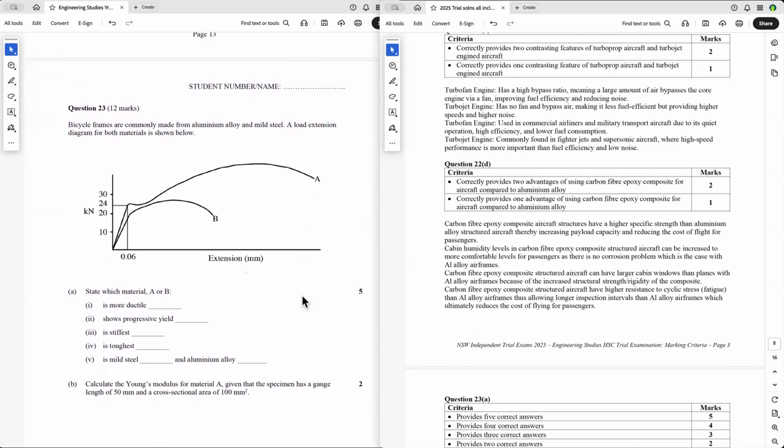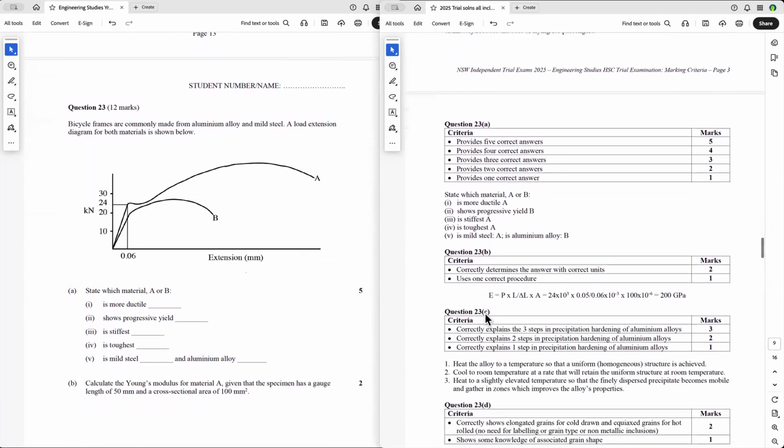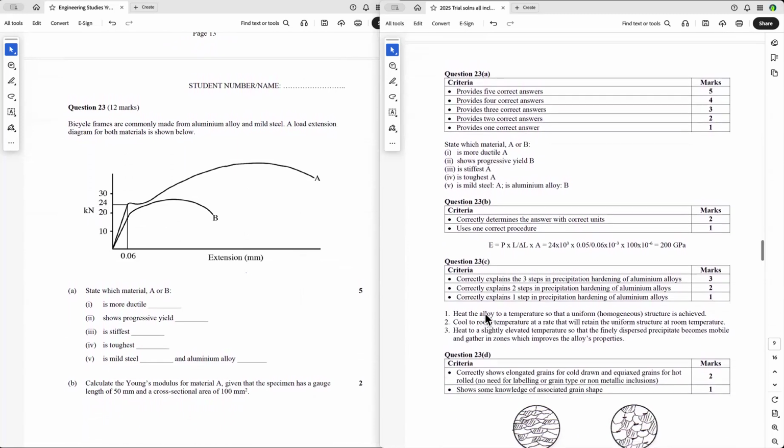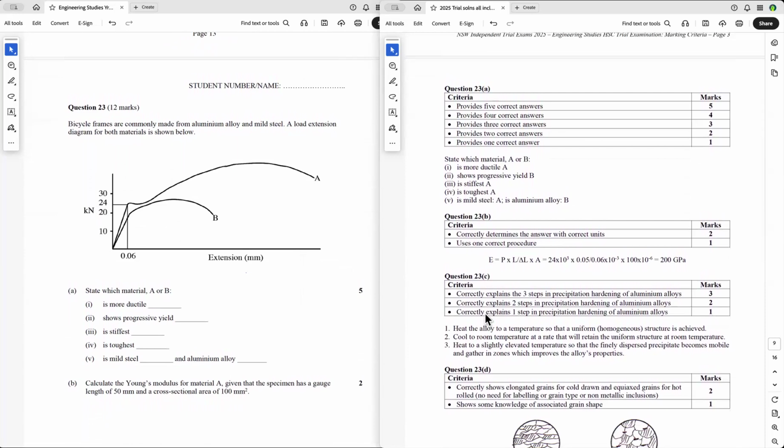Next question is a stress strain or a load extension diagram. Bicycle frames are commonly made from aluminium alloy and mild steel. A load extension diagram for both materials is shown below.